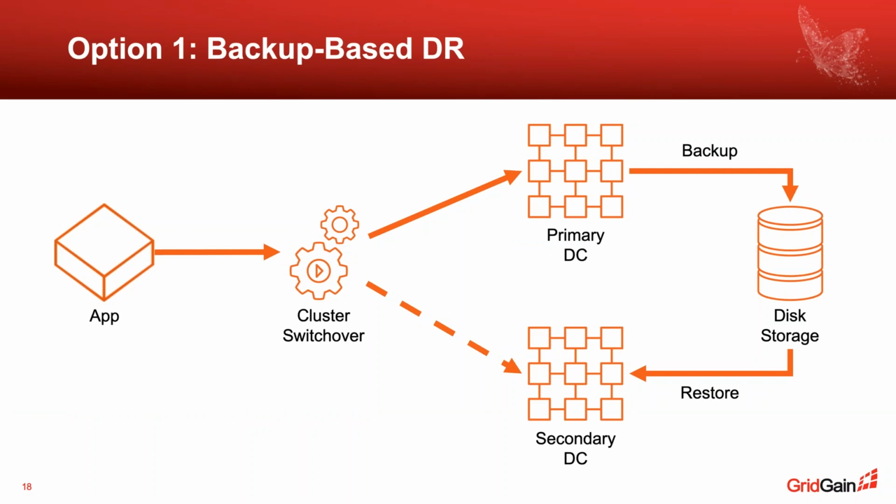We save the data to some external disk storage, which is not stored on our primary data center normally, and we restore the backup on the secondary system, either in case of a disaster on primary or continuously on a standby system on the secondary DC.